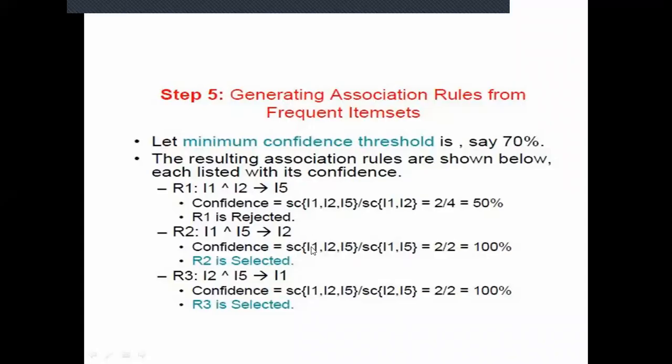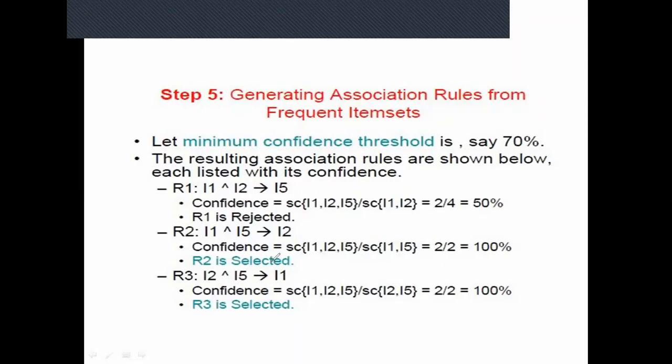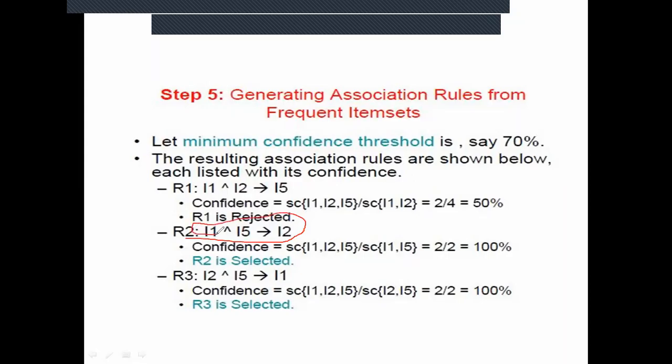But I can take this only if the support count of this divided by the support count of this is greater than 70%. If you find out the support count of this divided by this, you will actually be getting the confidence. What is the confidence? 100%. It is greater than 70%. That means this will be included in my rules. So what is that rule? Whenever the customers are going to buy I1 and I5 together, they are also going to buy I2 with 100% confidence.